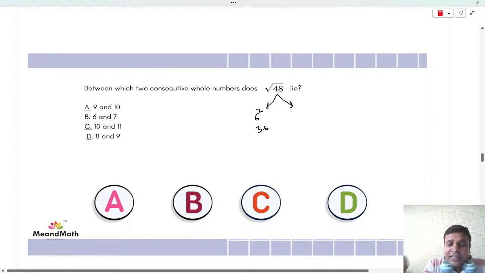Yes. And above 48, that is 7 square, 49. So 48 lies between 36 and 49. The B option is coming. Yes, B option is the correct answer. So it will lie between 6 and 7. Very good.